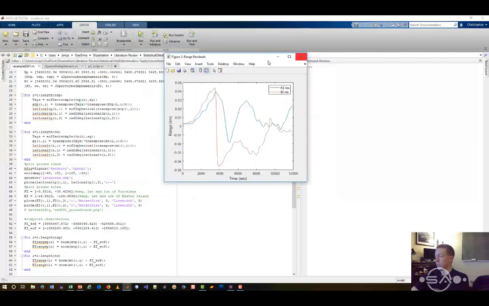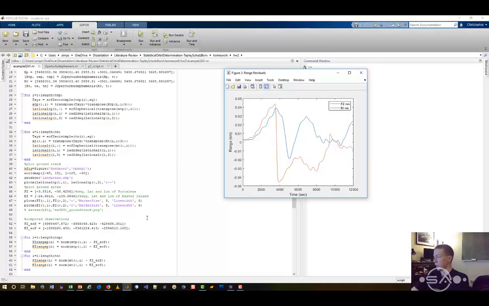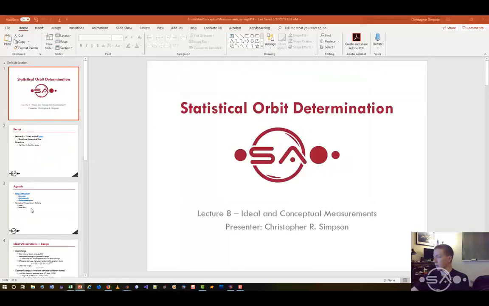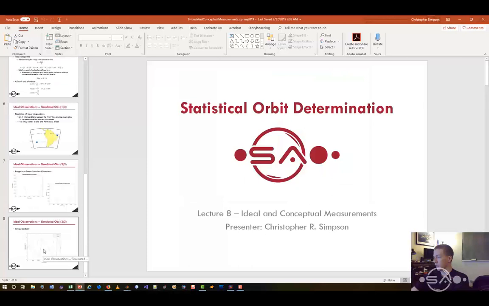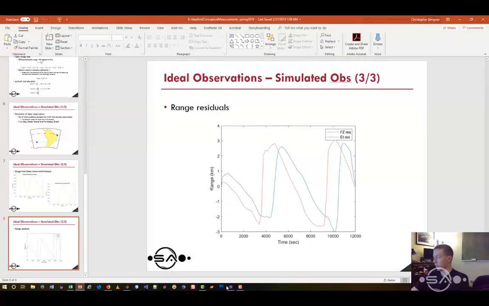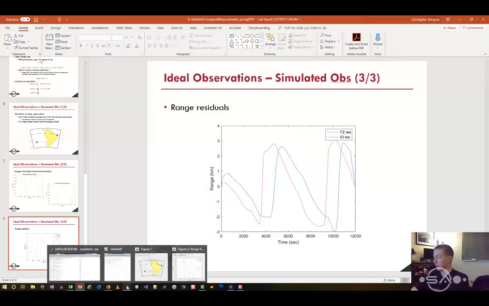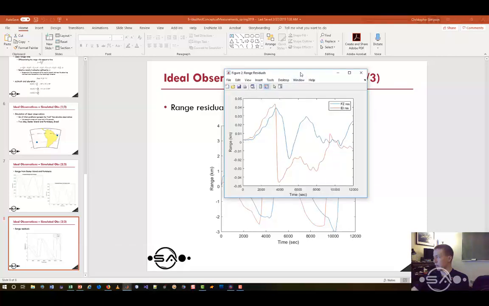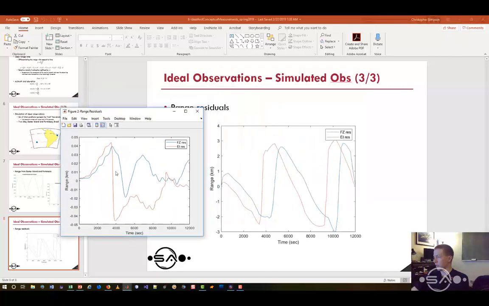And so here are our range residuals, right? Well, let's look at the PowerPoint real quick. But correct me if I'm wrong, there's some behavior here that's not captured, right? So we actually continue growing quite a bit all the way up till 4,000, whereas in the other one where the time's not lined up, we fall.